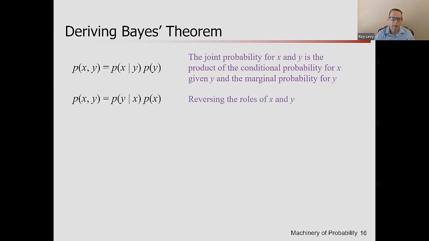I can do that same process, now just reversing the roles of x and y. So the top line says the joint probability of x and y is equal to the probability of y all by itself times the probability of x given y. The second line says, well, that joint probability is also equal to the probability of x all by itself multiplied by the probability of y given x.